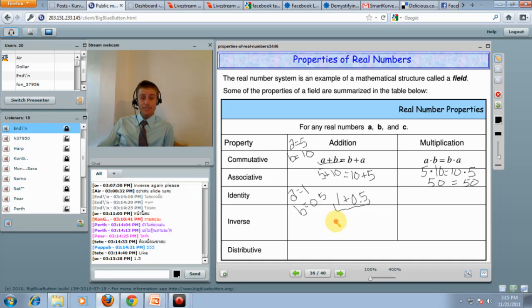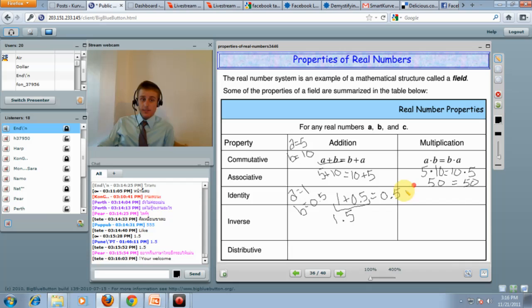Correct. 1.5. Thank you. And what the commutative property says is that if you switch the order, it's the same answer. So instead of saying 1 plus 0.5, we could say 0.5 plus 1 equals what?